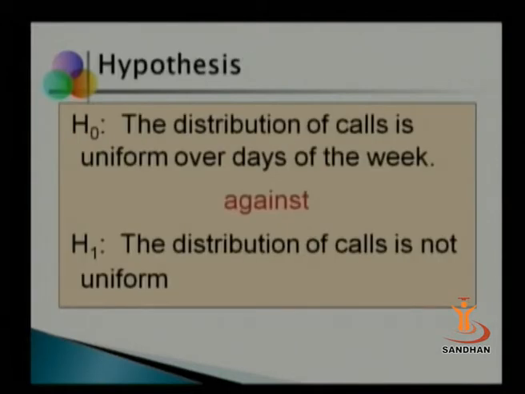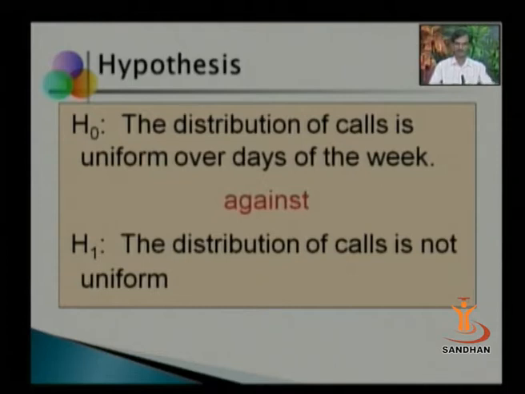Now we want to test the hypothesis, the distribution of calls is uniform over days of the week, against the distribution of calls is not uniform. Here the first one, H0, is called the null hypothesis, and H1 is called the alternative hypothesis.